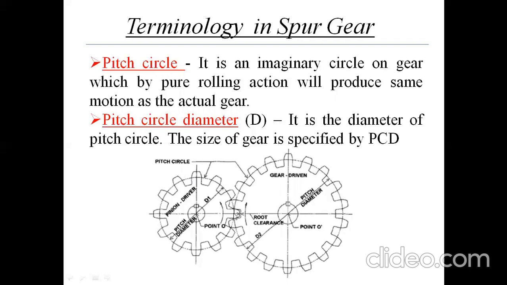That point is called pitch point, or point of contact. These two circles are tangent to each other, and the pitch circles of pinion and gear roll on each other.